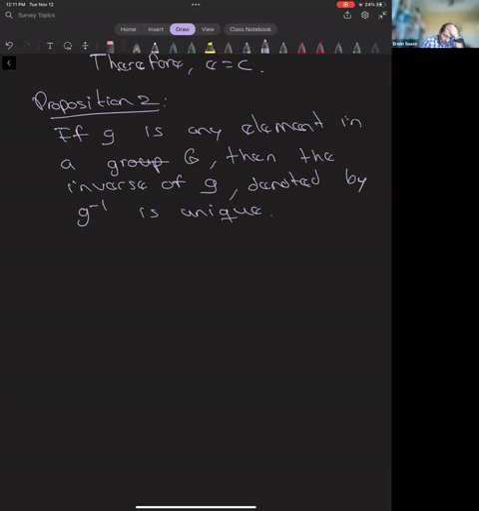So if G is any element in a group G, then the inverse of G denoted by G inverse is unique.